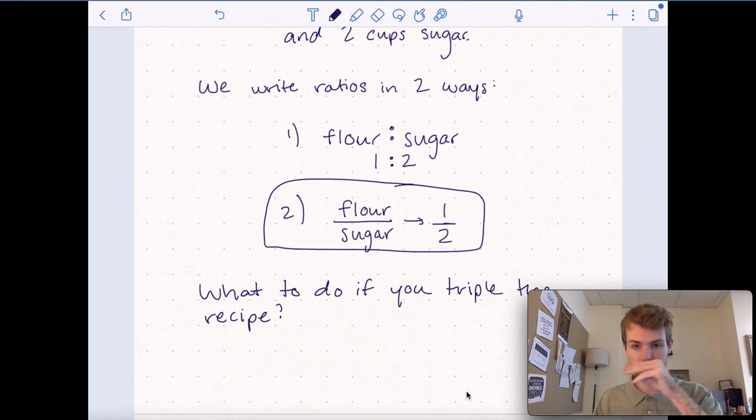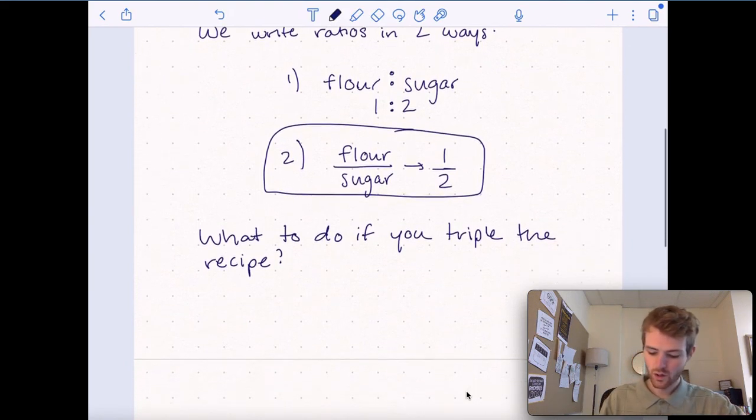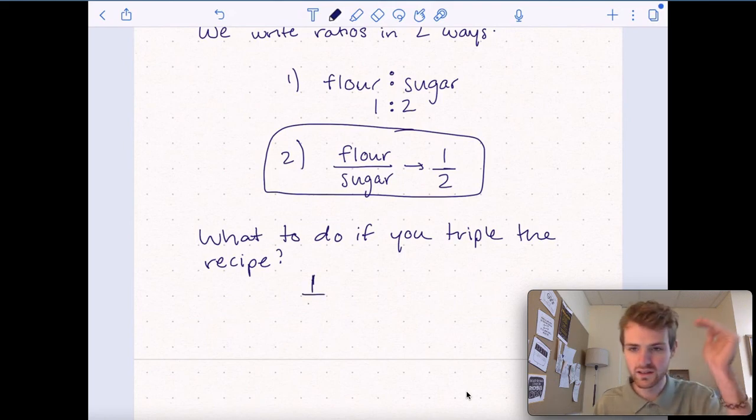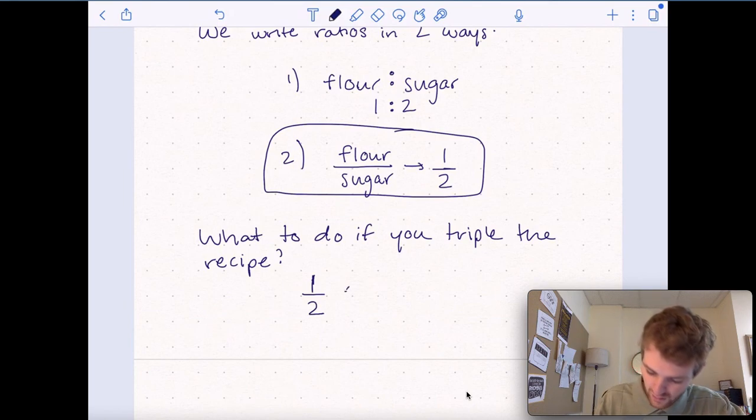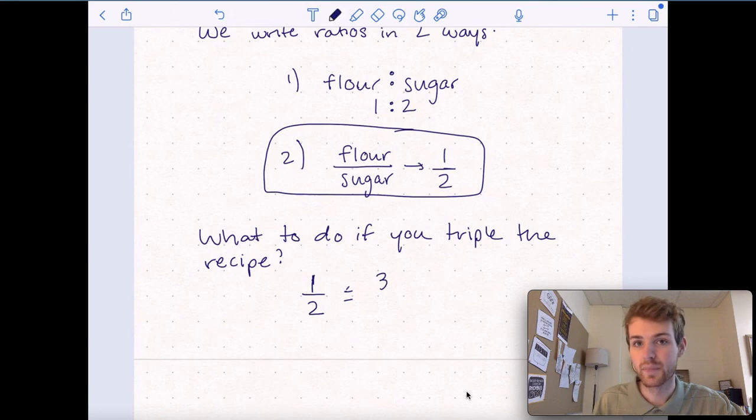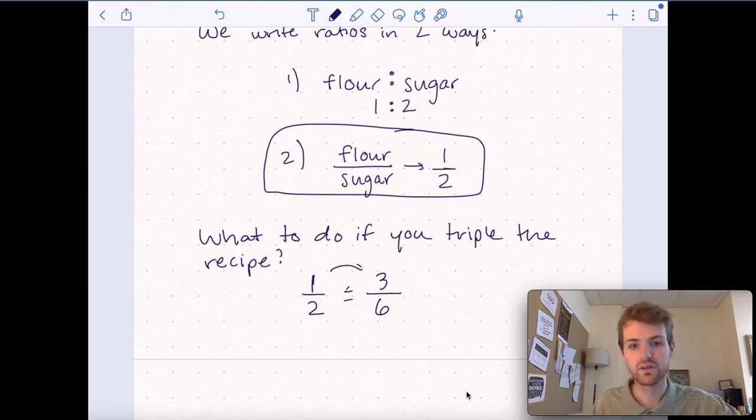Well, if we started with that ratio of 1 over 2, 1 cup of flour over 2 cups of sugar, if we triple it, well, if we start with 1 cup of flour and we triple that, we're going to end up with 3 cups of flour. If we triple 2 cups of sugar, we're going to end up with 6 cups of sugar. So we'll end up with 3 over 6 as our ratio.